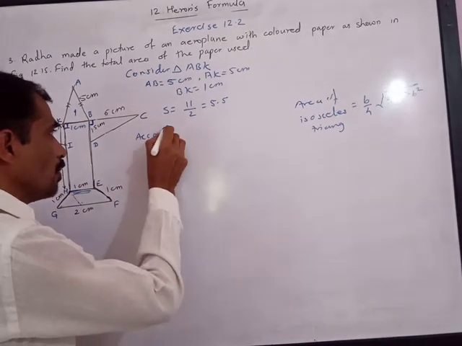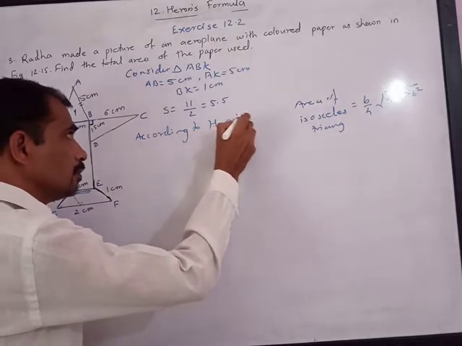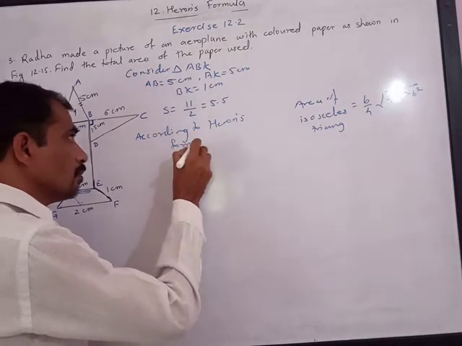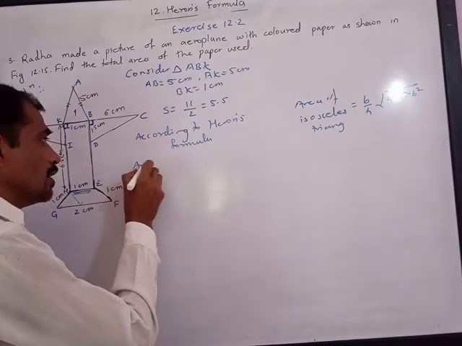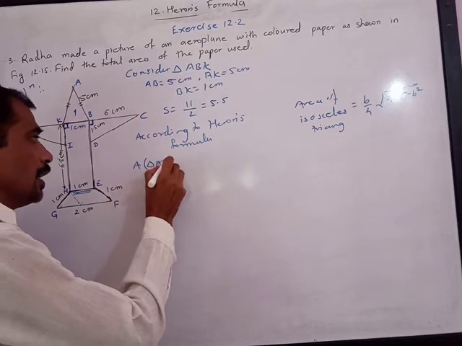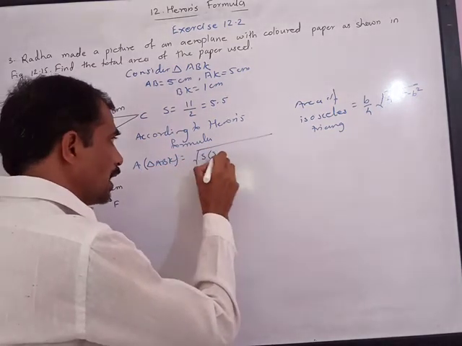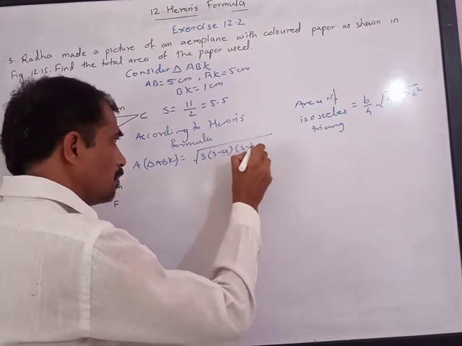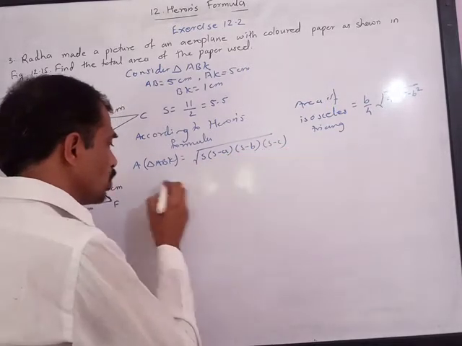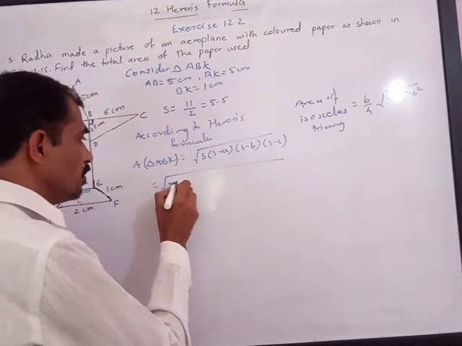Now area of triangle according to Heron's formula, area of triangle ABK is equal to under root S in bracket S minus A in bracket S minus B in bracket S minus C. So this is equal to, S is 5.5.